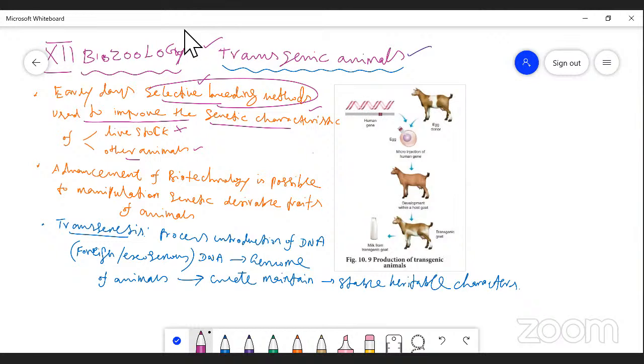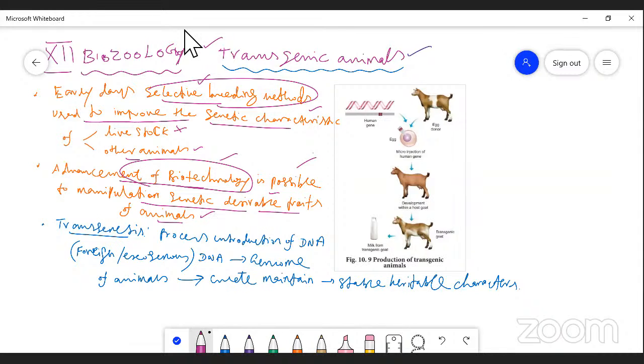At the same time, based on the advancement of biotechnology, it is also possible to manipulate genetic desirable traits. Not only by the selective breeding method, but also based on the advancement of biotechnology, it is possible to produce desirable genetic traits in organisms or animals.